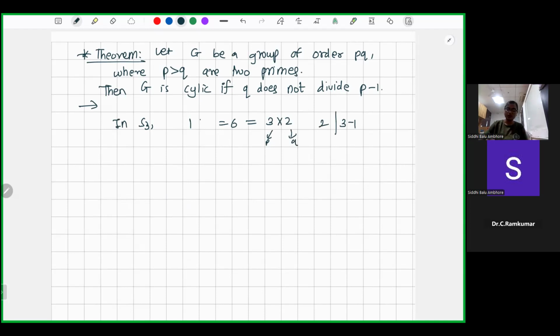So that's why, using this theorem, we can directly say that S3 is not a cyclic group. Let us now quickly try to understand, using the applications of Sylow theorem, how we can prove this theorem.